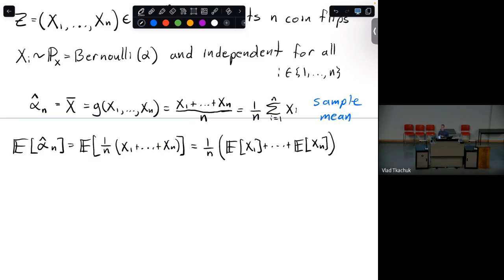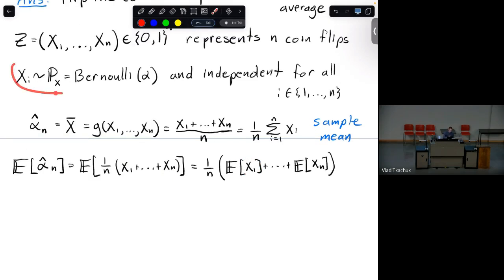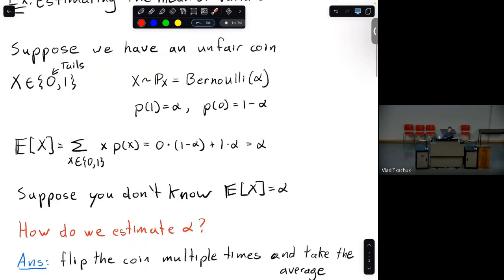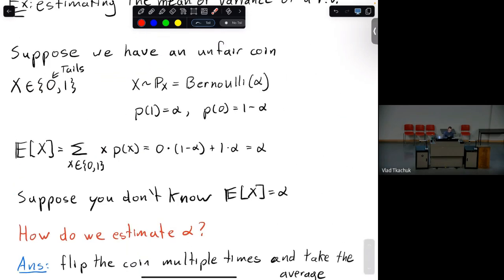Excellent. At this point, this turns out to be very simple because remember, each one of these has the same distribution. These come from the same distribution as this x. So what that means is that their expected values are all the same.